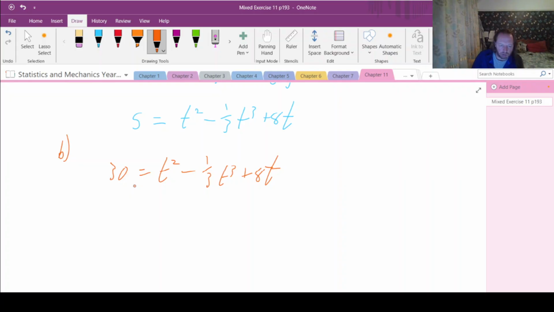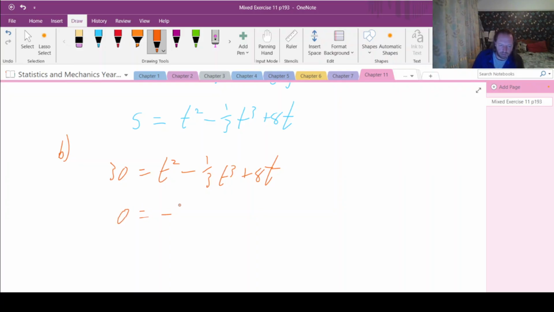We also know that the acceleration is going to make it get slower and start coming back in the other direction. So how many seconds until we've done 30 meters anyway?